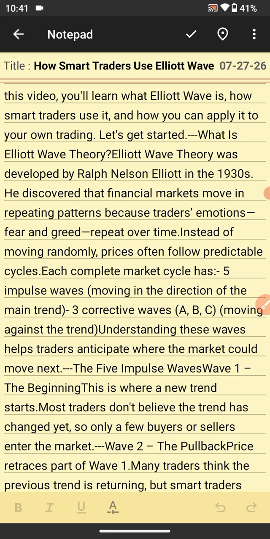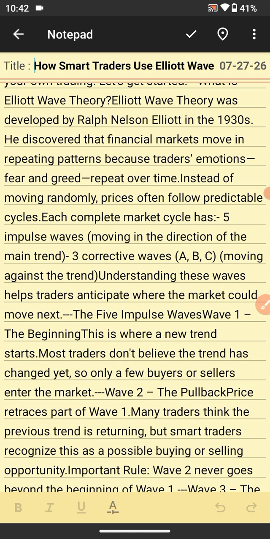Instead of moving randomly, prices often follow predictable cycles. Each complete market cycle has 5 impulse waves moving in the direction of the main trend and 3 corrective waves, ABC, moving against the trend. Understanding these waves helps traders anticipate where the market could move next.